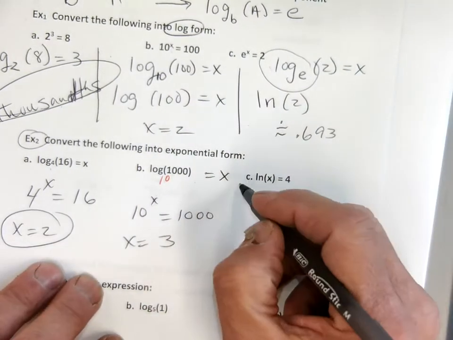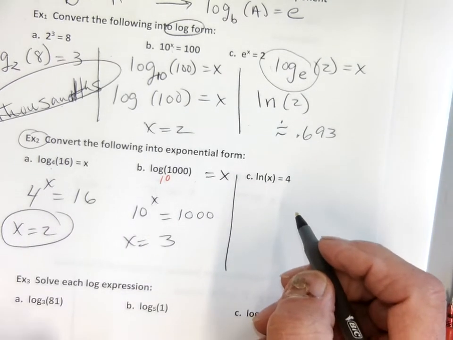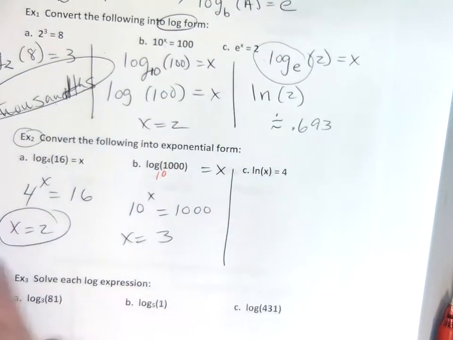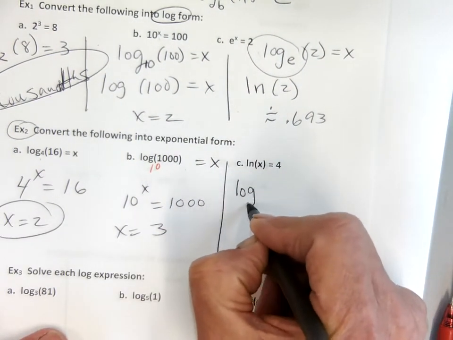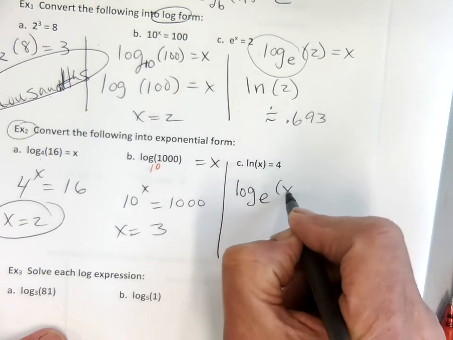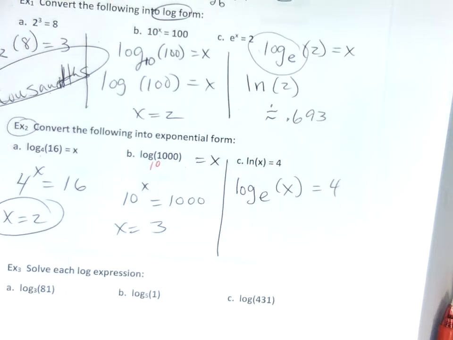Now, C. Alonzo, you got a good start on C. What'd you do? Nice job. What Alonzo did is he changed it, because the invisible base was base e, right? So then let's change it.